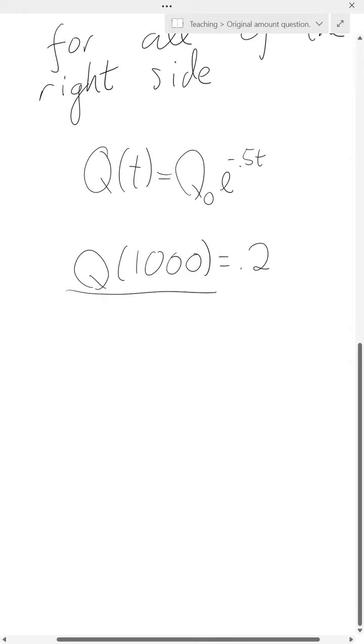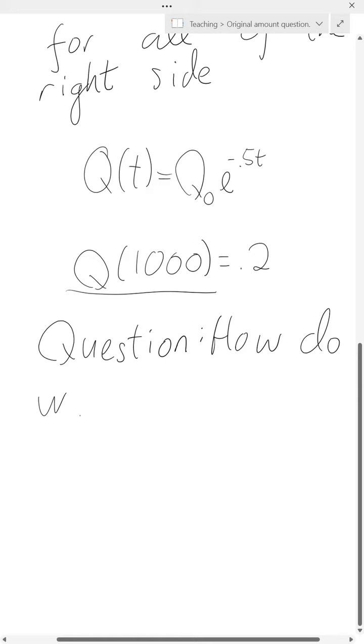So the question we have to ask ourselves is, if we want to use this, we need to recreate it. So the question is, how do we recreate Q of 1,000?